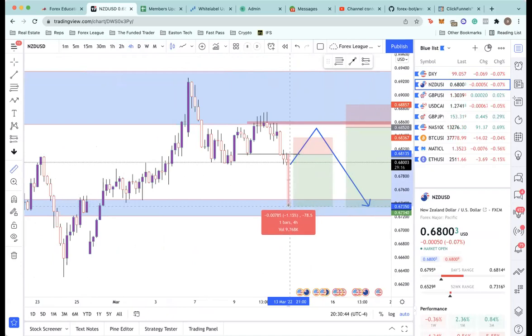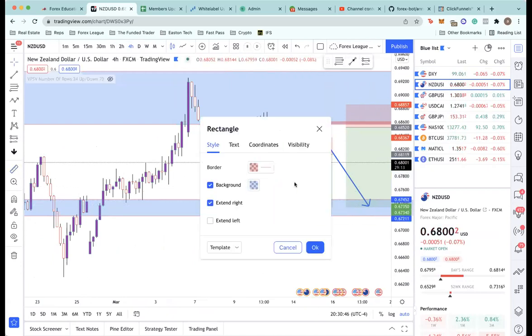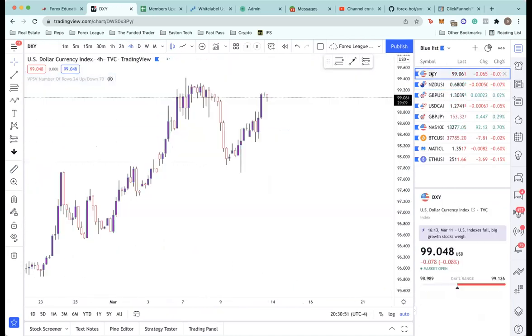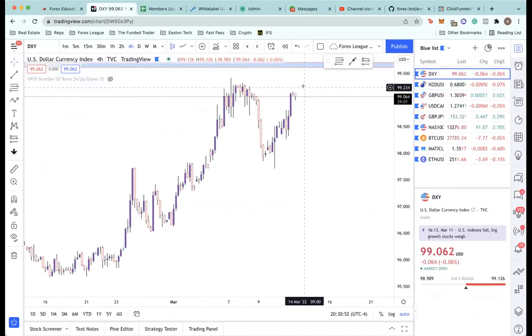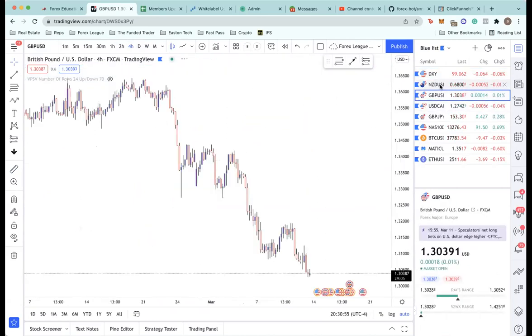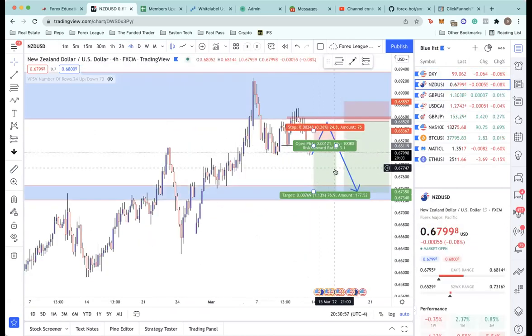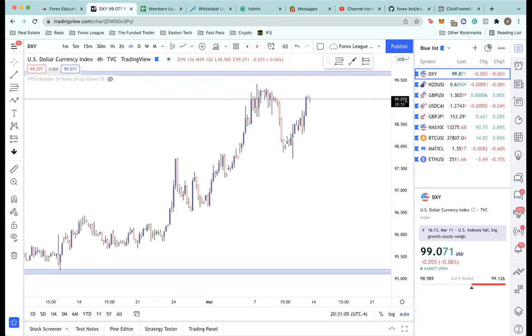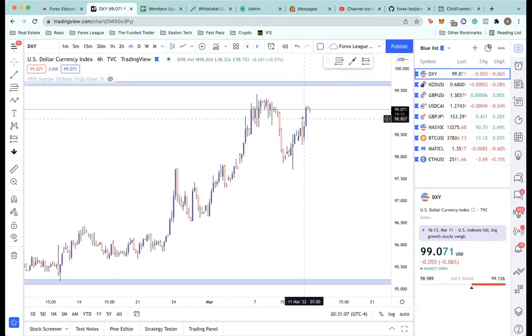So this move would be about a 1% move to the downside right here, and it's not correlating as well with the dollar, right? Because we're basically assuming that if NZD USD continues to move down, that would mean the dollar would continue to go very bullish to the upside. And the dollar is bullish overall, but doesn't correlate as well right now because the dollar is at this high.